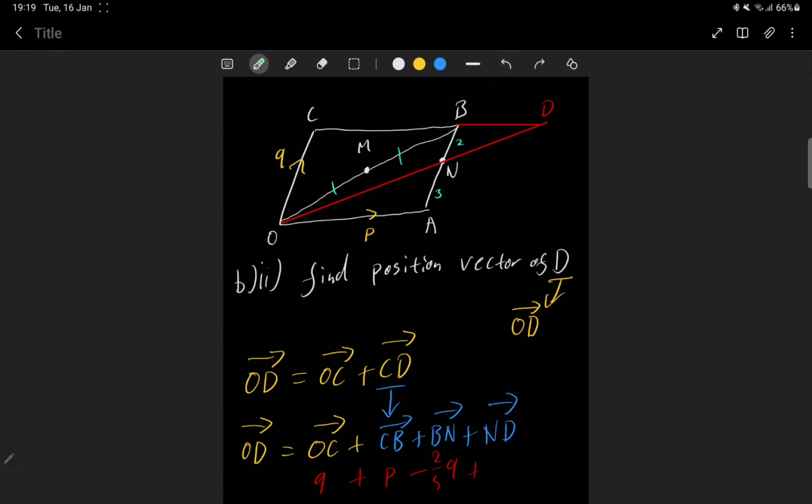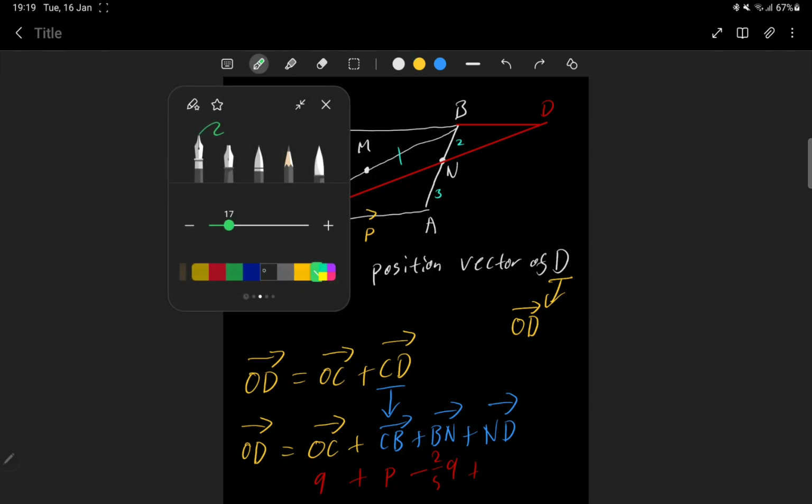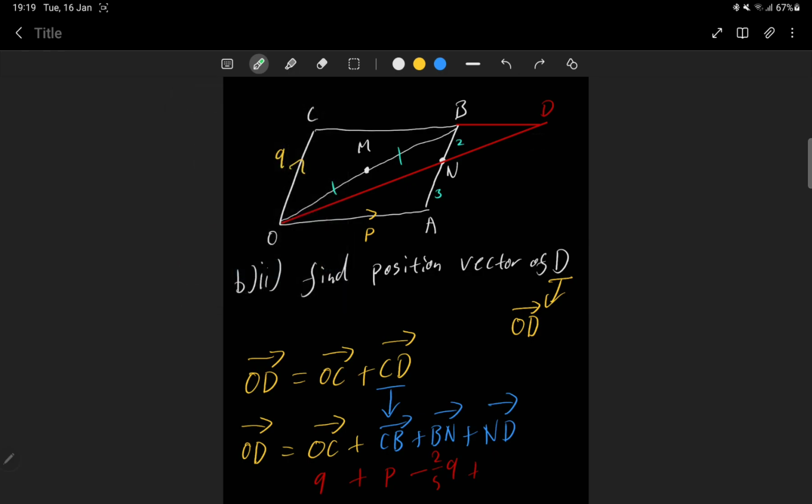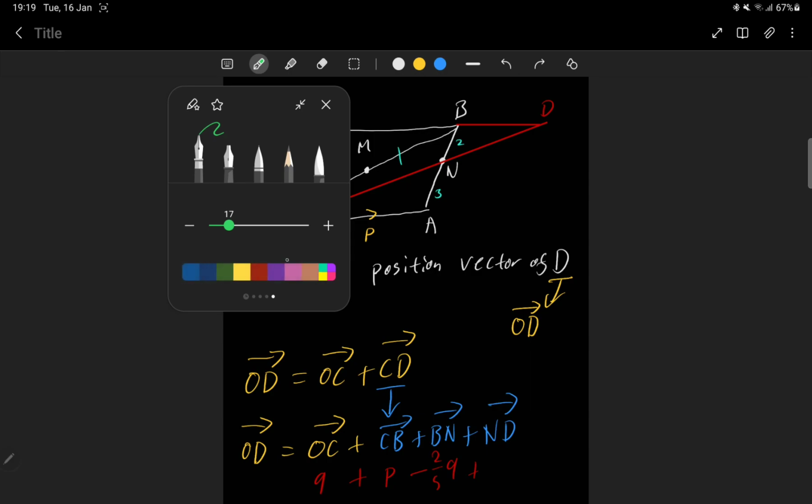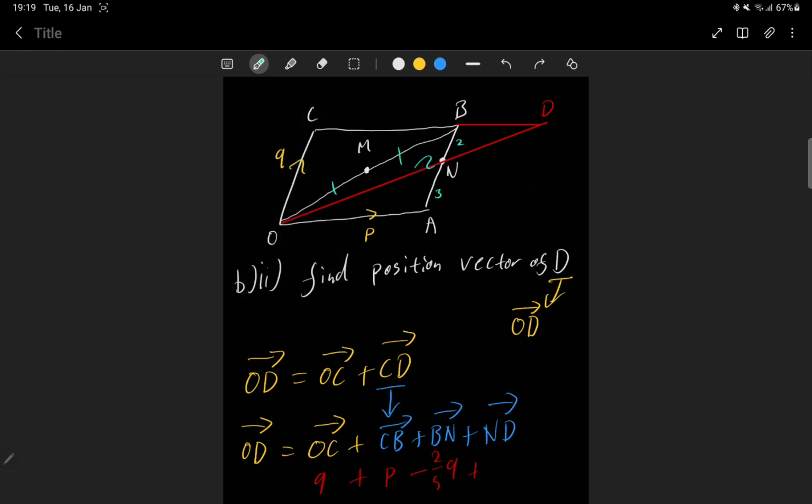If we have similar triangles, then we know the ratio of this to this. So the ratio of ND to ON will also be 2 to 3.